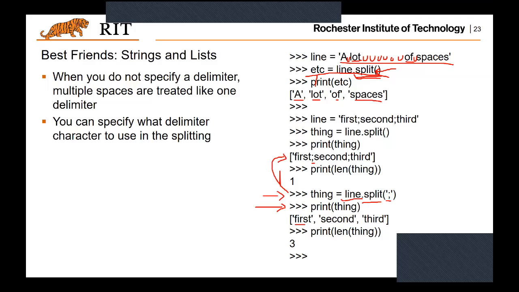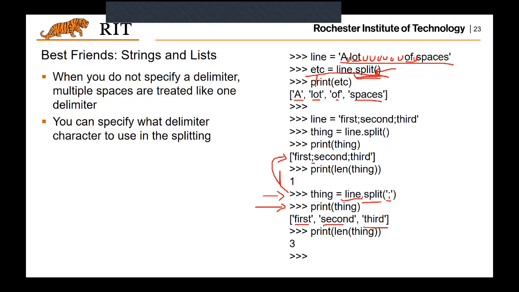And it turns out you will have 3 elements in this list, first, second, and third. And the semicolon is used as the delimiter. So that's how you can use the split function and set up a different delimiter.